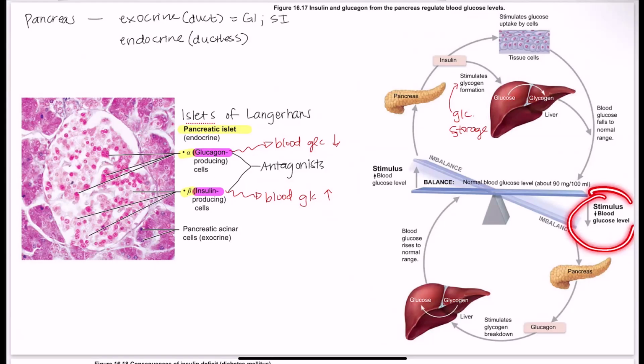If blood glucose levels fall, this signals the pancreas to release that hormone glucagon, again, released when blood glucose levels are low. So if blood glucose levels are low, we need more blood glucose. So we're going to borrow from our storage. We're going to break down that glucose storage molecule, glycogen.